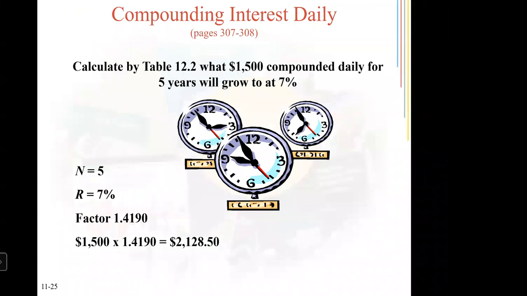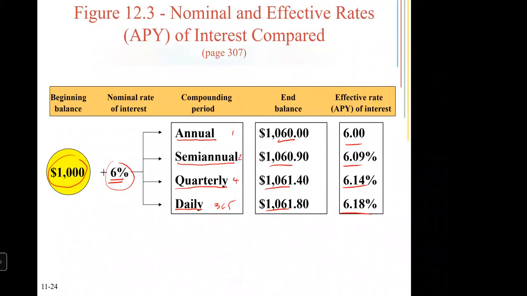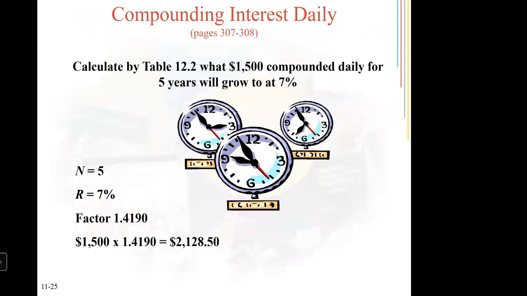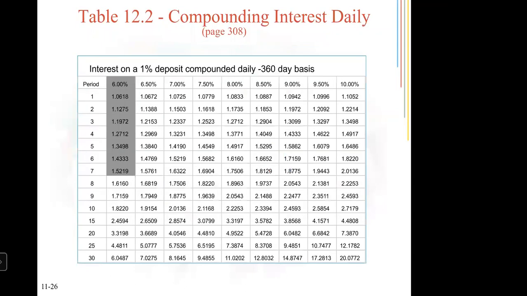All right. So we mentioned here daily in the last section where you see that you earn more. The most it could be is daily. So if you look here, there is a table in your book on page 308 for daily compounding.